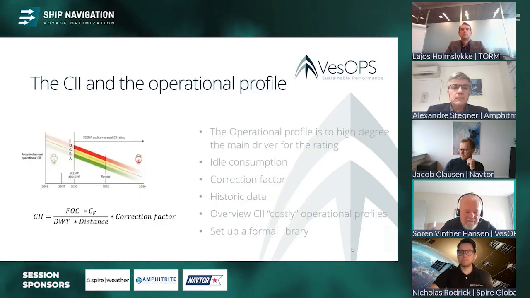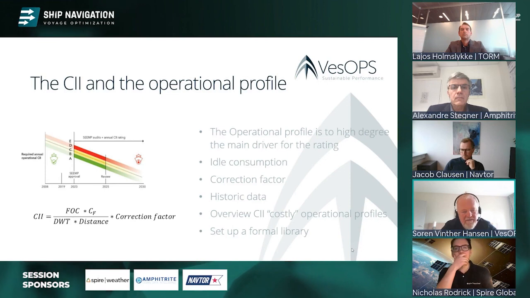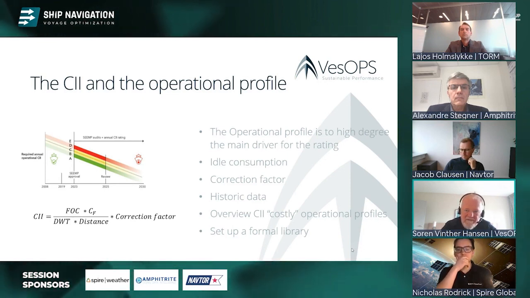And why are we looking at operational profiles? Because we are normally looking at energy efficiency, but for the CII, which is what we are really looking at this time, the operational profile is to a high degree the main driver for the rating.